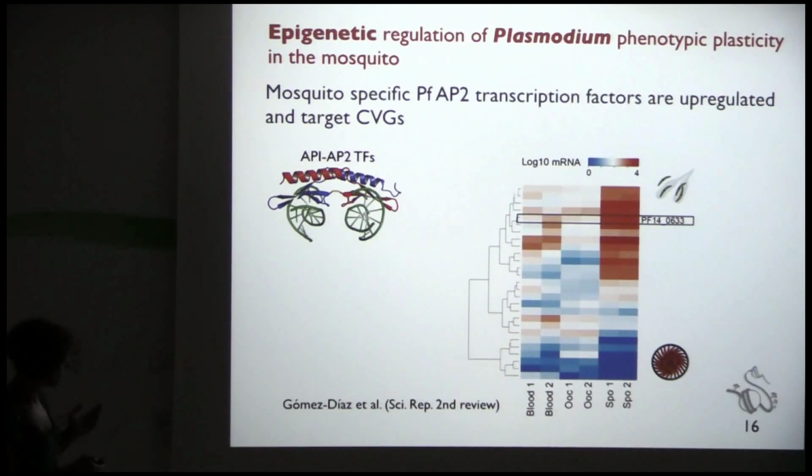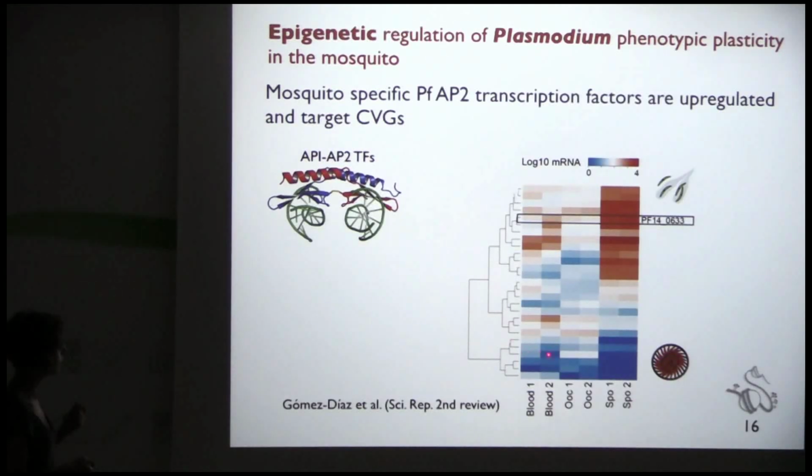Each row in this figure represents the expression level for each stage: the blood, different replicates, the oocyst, and the sporozoite. So, for example, this group of genes here will be highly expressed in the sporozoite and less expressed in the oocyst.